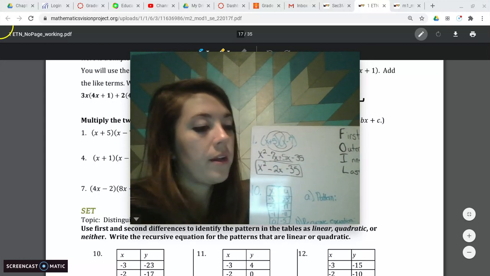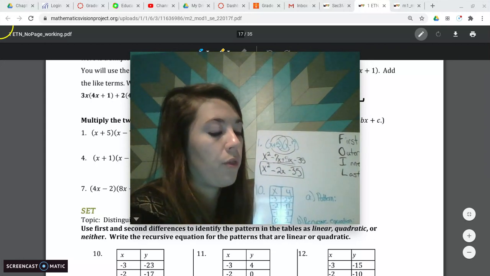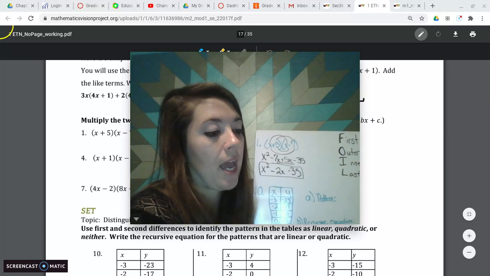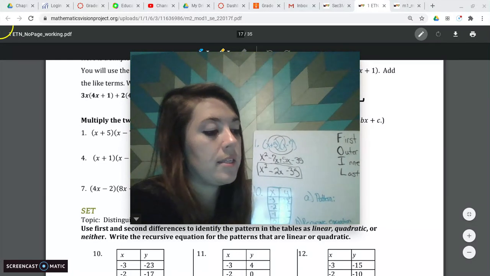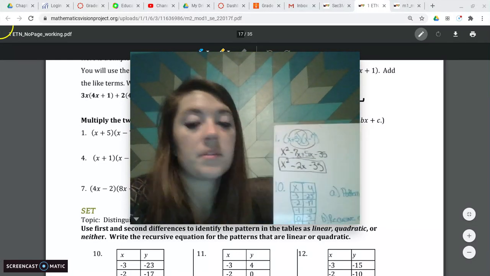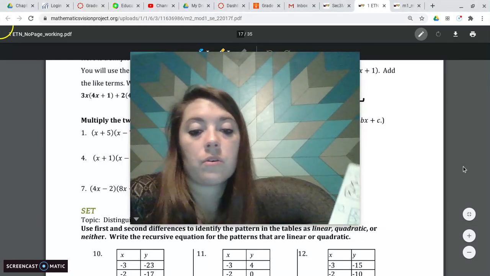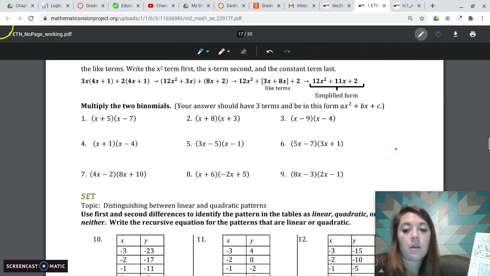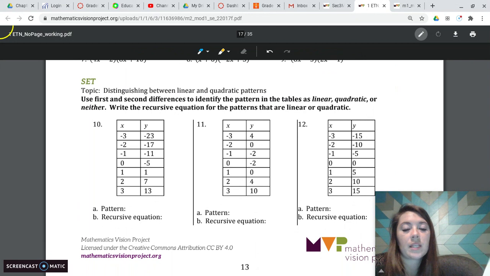Then for 10 through 15, you're going to be looking at some sequences. Okay, so distinguish between linear and quadratic patterns. We're going to be dealing a lot with patterns in here.